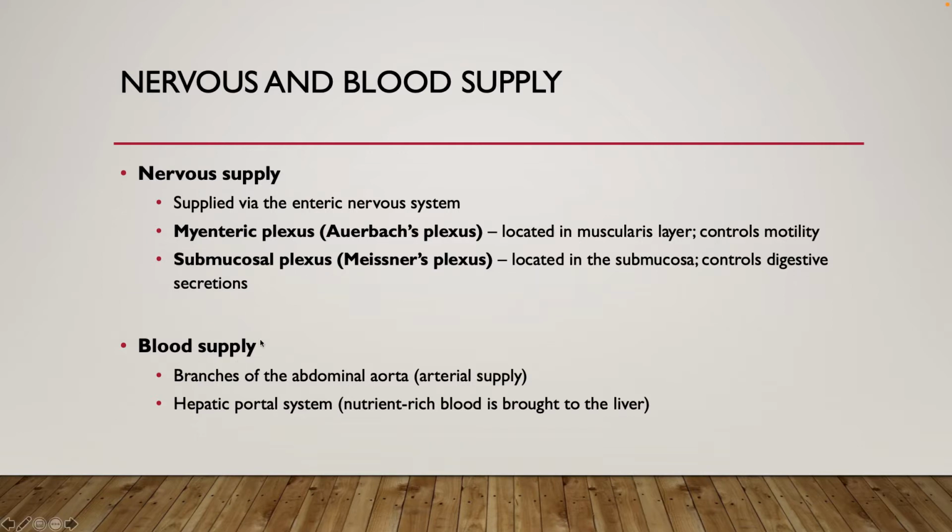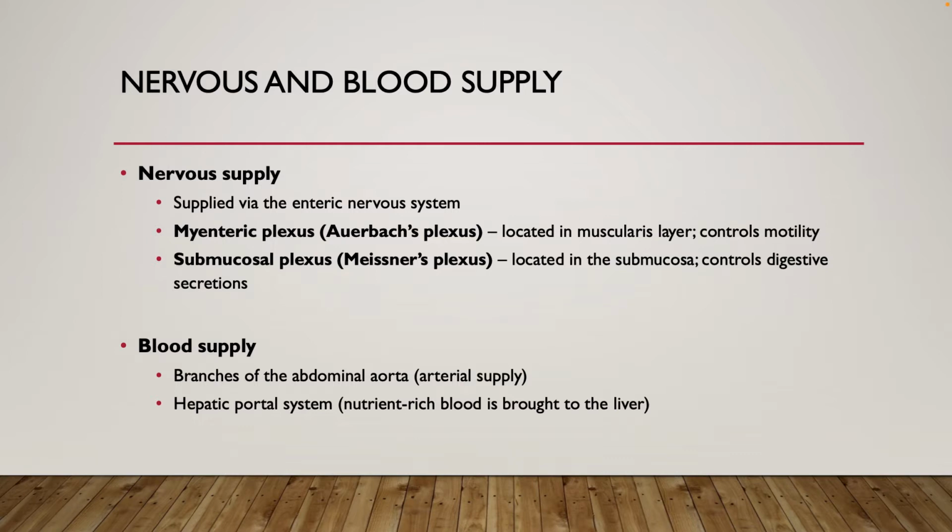We also have a blood supply to our gastrointestinal system. So largely we have our aorta, and then off of our abdominal aorta we will have three main branches. So we have a celiac trunk, a superior mesenteric artery, and then an inferior mesenteric artery.